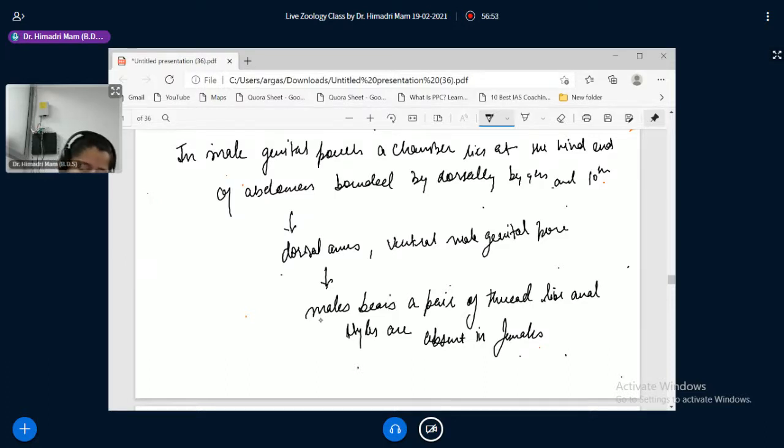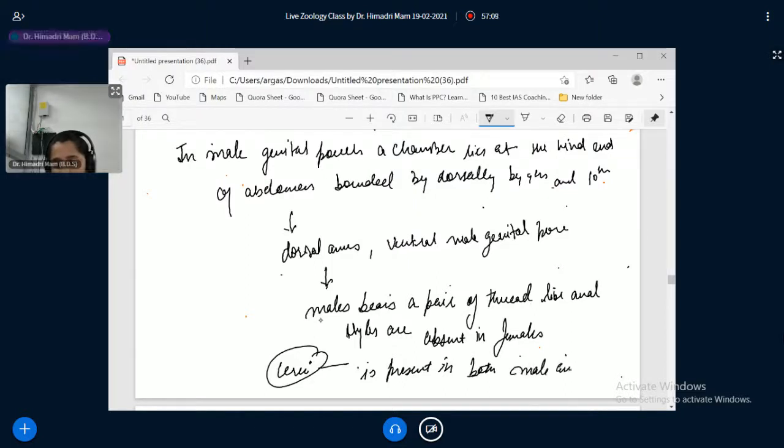Right. In both the sexes, the 10th segment bears a pair of jointed filamentous cirri, present in both male and female.